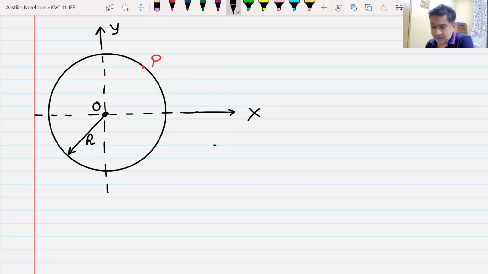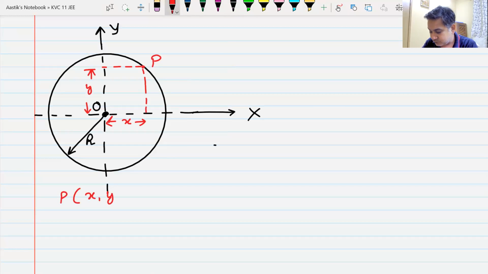Now, if someone asks how you find the position of this particle, you can very easily say, it is not a problem. I will find this x coordinate and then this y coordinate, and I can say that the position of this point P is simply x comma y.